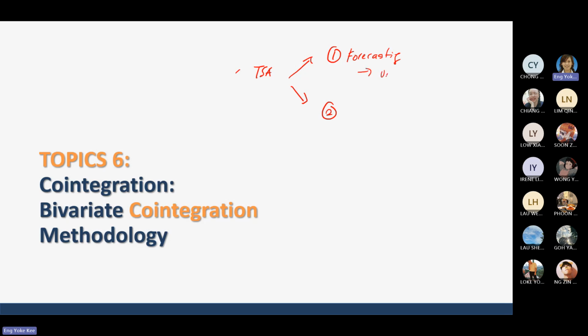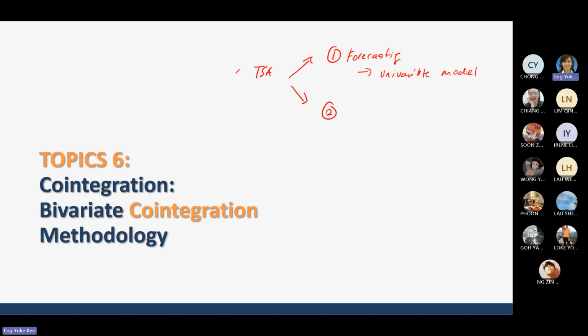So we concern more on univariate models. We believe that to study the behaviors of the series, the simple rule is that we look at the past performance. Now, the second half of our course is basically looking at examining relationships between variables.